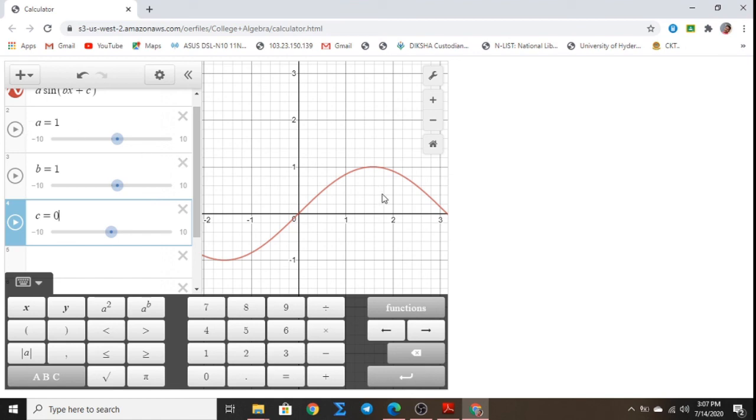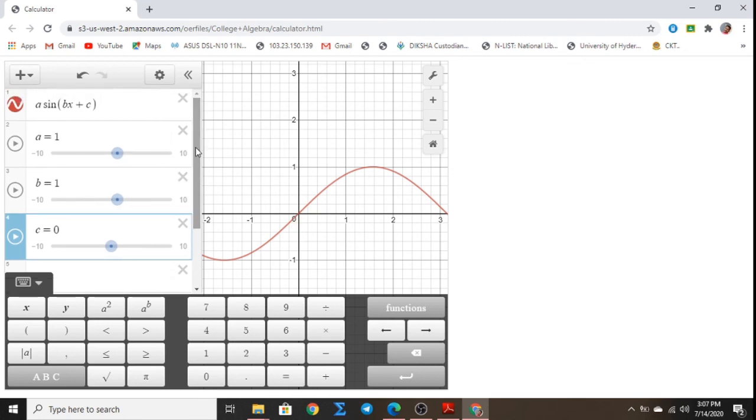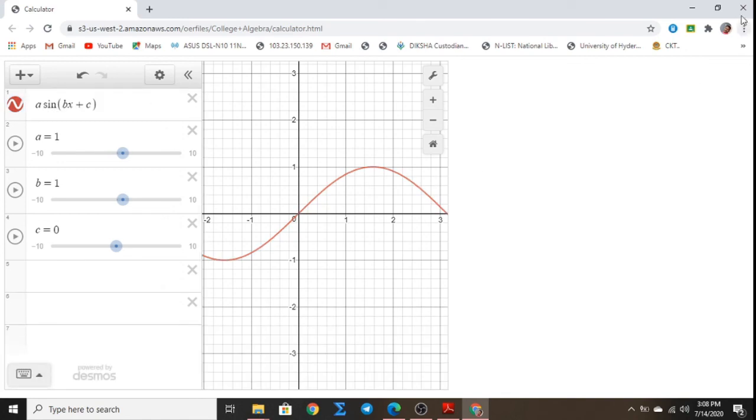So by changing the parameters we can look at the graph from different angles. Now you put your function and draw the graph of your function. You try this, it is very nice.